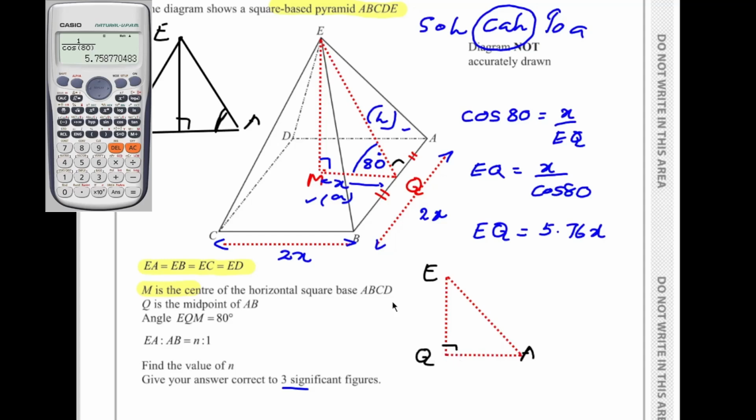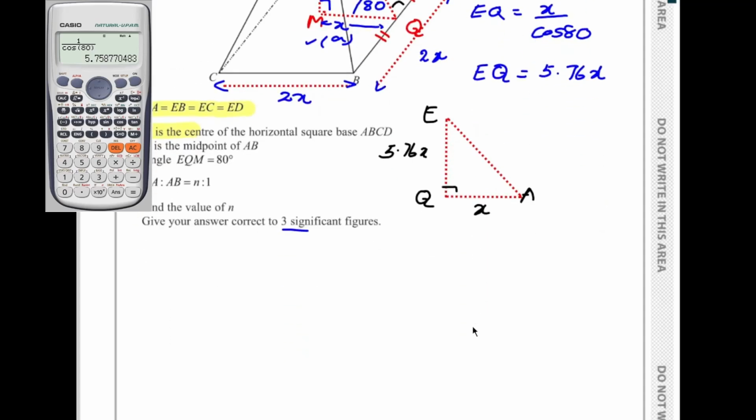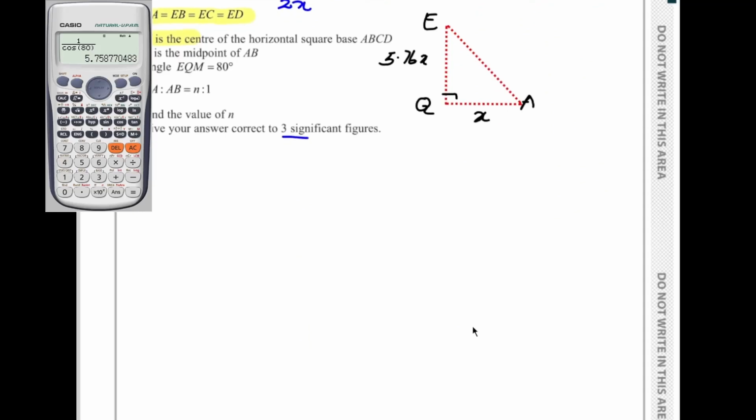Now using this one, I know that EQ we got is 5.76x. And we have QA. QA we know is x, because this whole length is 2x, then this is x. You can see why I took this one as 2x: we don't want to deal with fractions, therefore it is x. This is 5.76x. Now again use Pythagoras theorem and get what EA is.